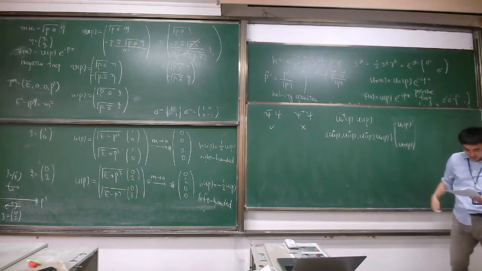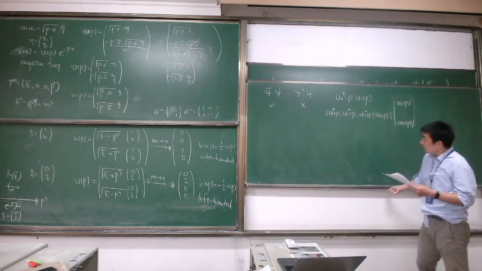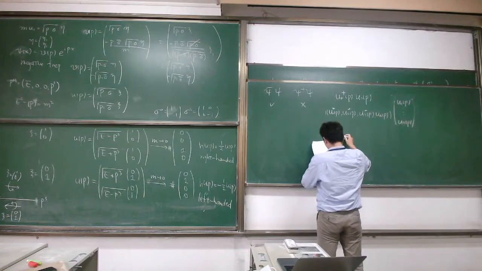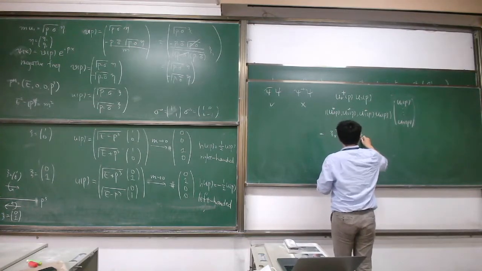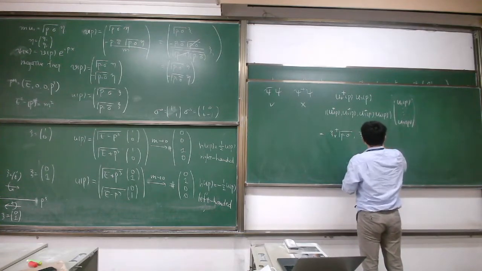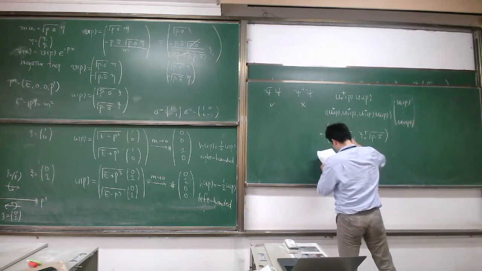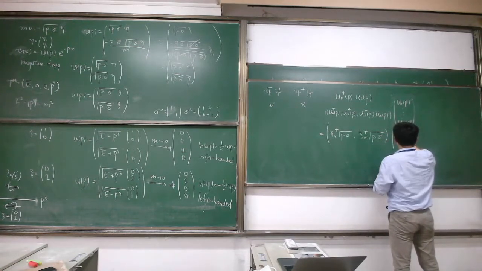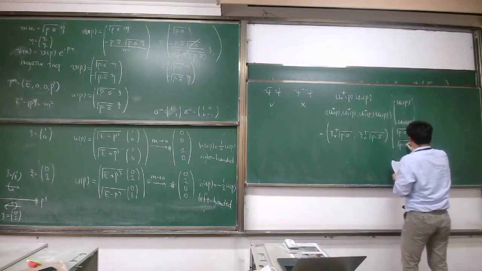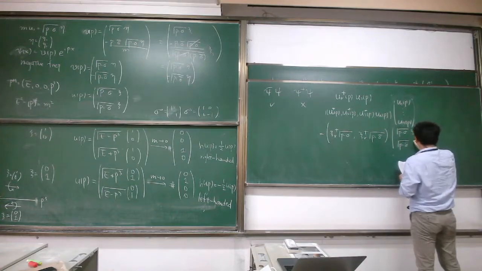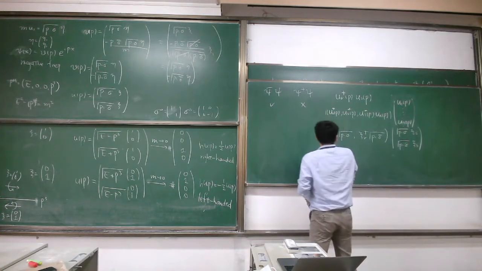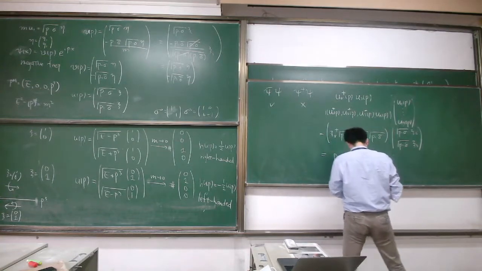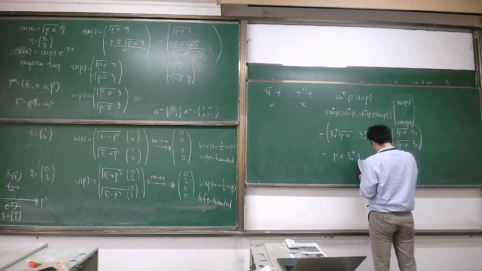So this is equal to C_R dagger, P dot sigma, C_R, and then C_S, and then P dot sigma bar.